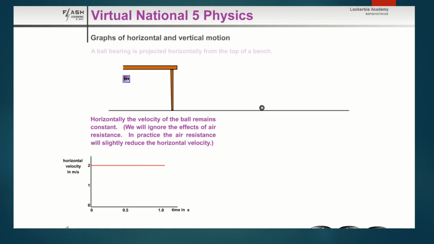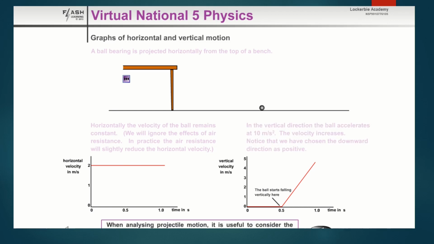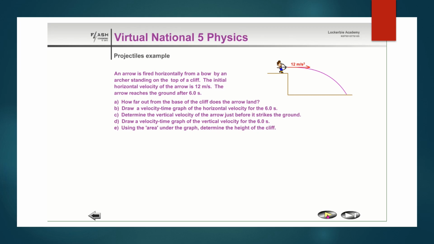In the vertical direction, the ball accelerates at 9.8 meters per second squared. The velocity increases. Notice that we've chosen the downwards direction as positive. When analysing projectile motion, it is useful to consider the horizontal and the vertical motions separately.